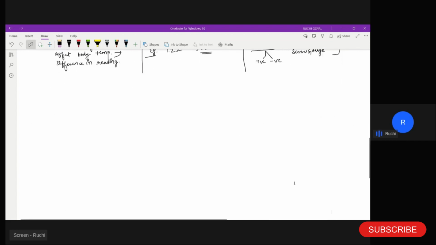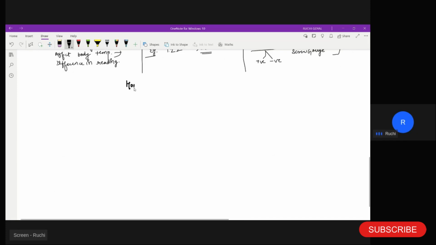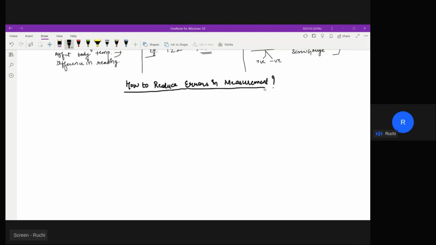Next, we can see how to reduce the errors in the measurement. This is the last topic. How to reduce the errors in the measurement, right? So we can see, keep an eye on the procedure, right?